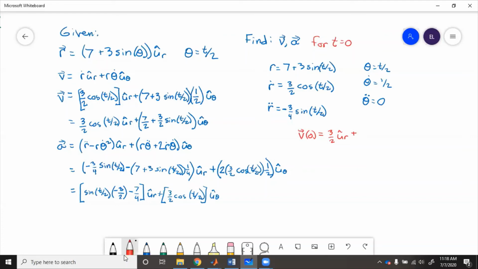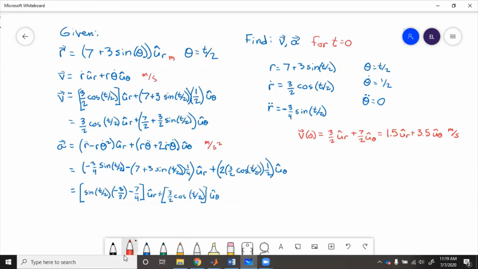We'll just have 7/2 u_theta. That equals 1.5 u_r plus 3.5 u_theta. And this is going to be, we'll say that's meters per second. This is meters. And acceleration is meters per second squared.